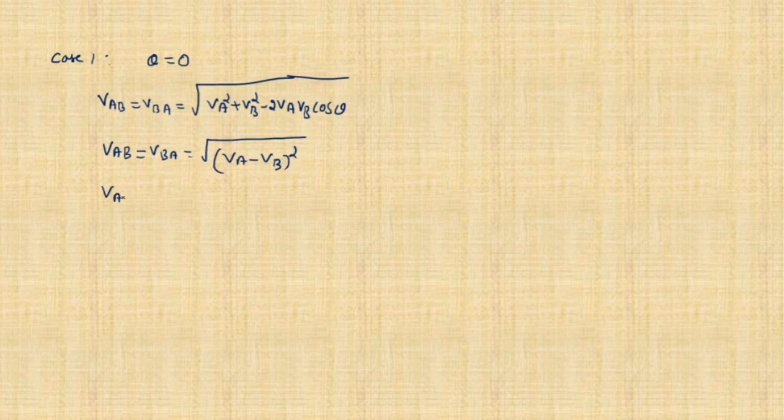That is, VAB as well as VBA is equal to VA minus VB. Also write here plus or minus VA minus VB. So what is the relative velocity of A with respect to B and B with respect to A? That is equal to what? VA minus VB. That means you are subtracting those velocities.